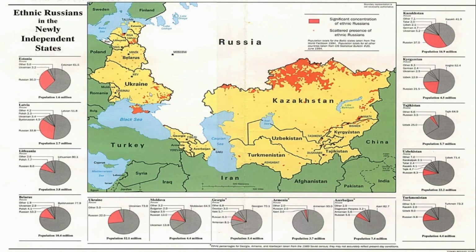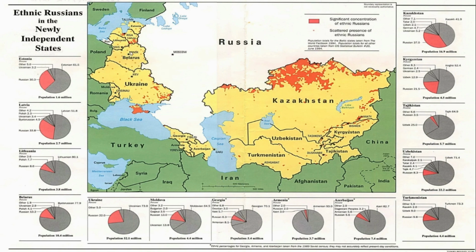When you look at Ukraine, in the southern part of Ukraine you can see the majority of the population is Russian, and the eastern part of Ukraine is also. And as you know, the war has continued in the southern and eastern parts of Ukraine since 2022.